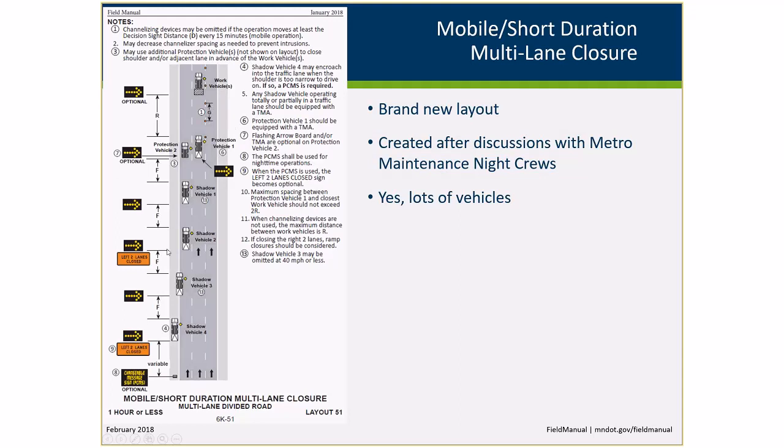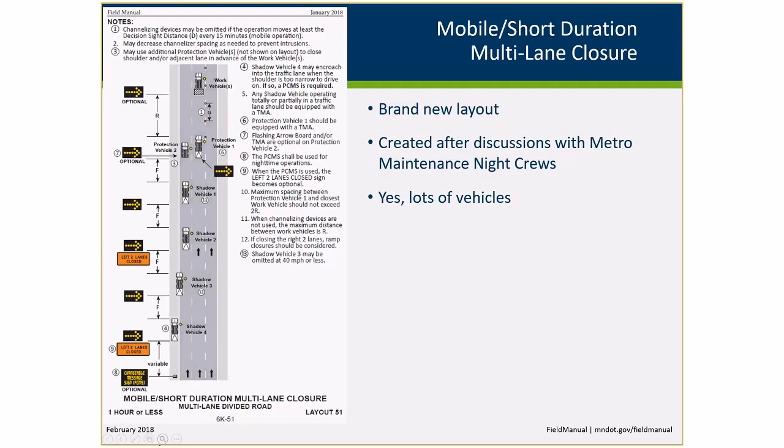But this would be a useful one for someone if they had to replace a plaque on an overhead sign structure and they didn't really want to set up a work zone, because setting up a work zone takes a pretty big period of time, and in and of itself is a mobile operation with how Metro does it, and so that adds additional issues.